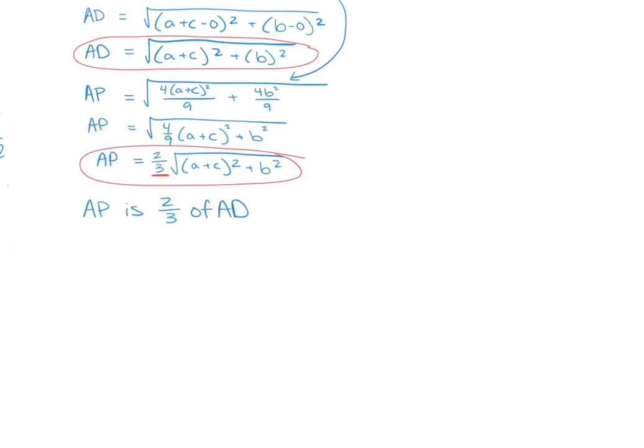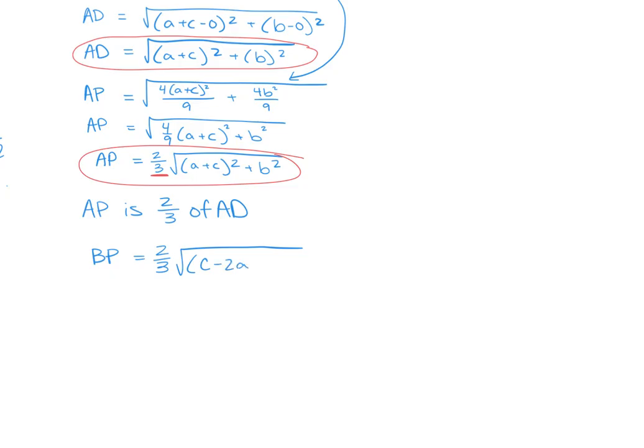If I wanted to create the other 2, I could create those pretty easily. So BP would be equal to 2/3 the square root of C minus 2A squared plus 4B squared, which is 2/3 of B. Similarly, if I wanted to create my CP, I can do that.